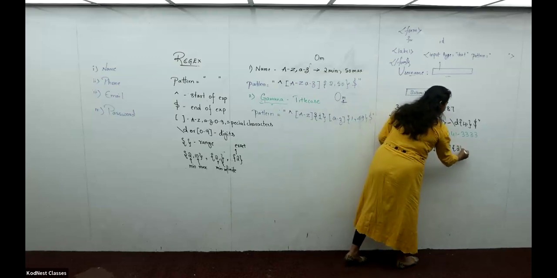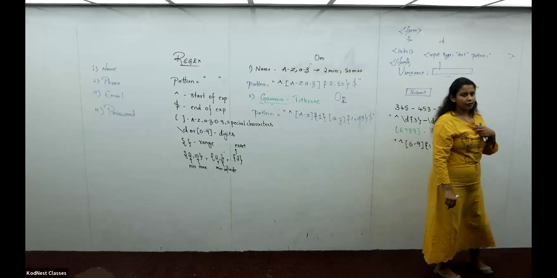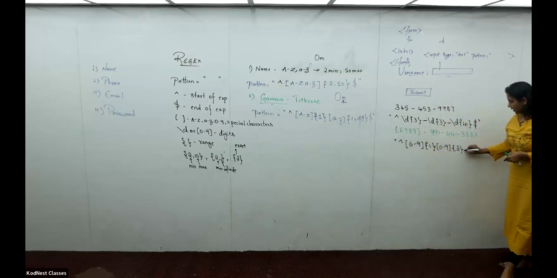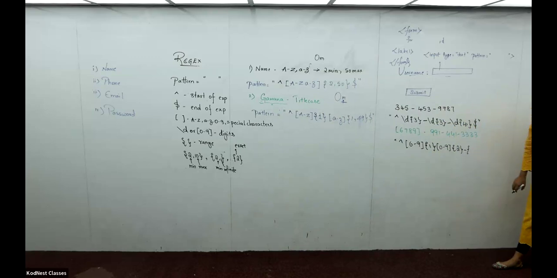So you'll get 3 digits. Then separate it by hyphen. Later slash d or 0 to 9 you can specify. I'll specify 0 to 9 exactly 3. Again hyphen. 0 to 9 exactly 4. And then close with the dollar symbol. Got it? So this is how we will validate Indian phone numbers.